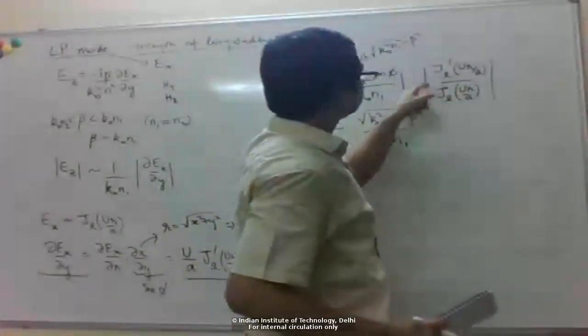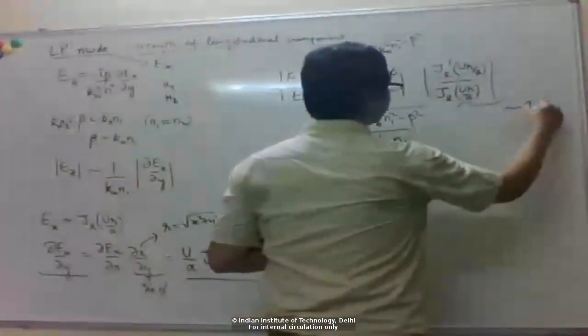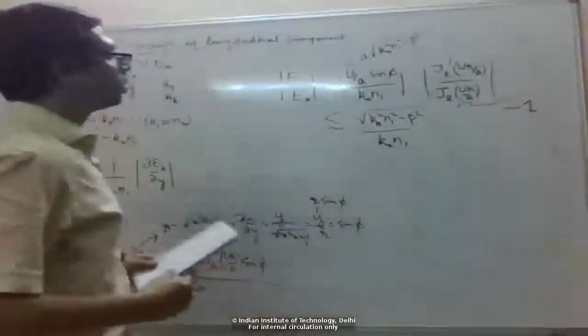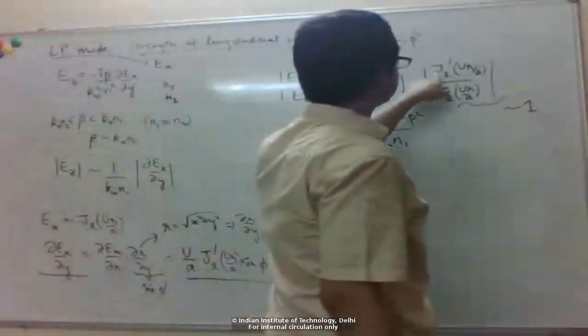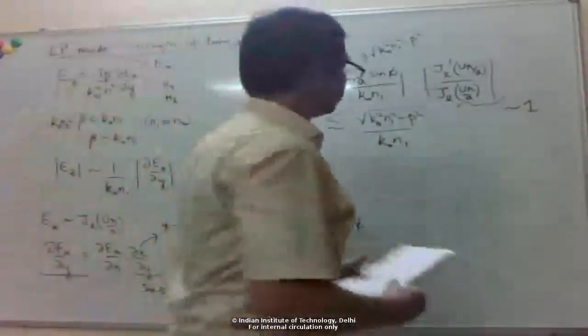The ratio of the derivative to the Bessel function is of the order of unity. Recall we had these relations: the derivative of the Bessel function is another Bessel function of an order differing by 1.